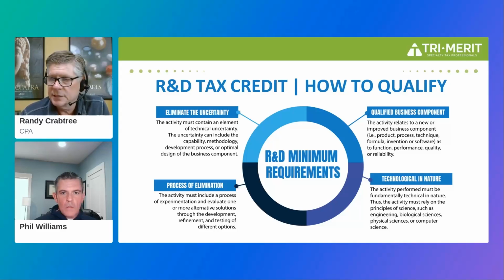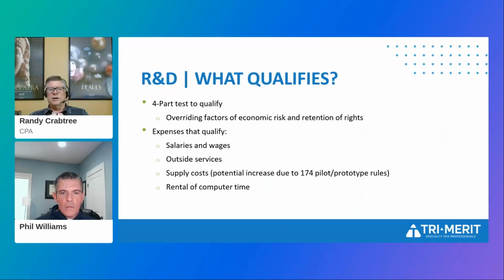And then to continue on the overview, let's talk about what qualifies. There's an overriding factor that Phil will get into a little bit, probably on risk and retention of rights to the 4-part test. But when we're talking about a project that meets all these things, how do we quantify it? And it's important to know these because we're going to expand on these when we talk about 174 as well.